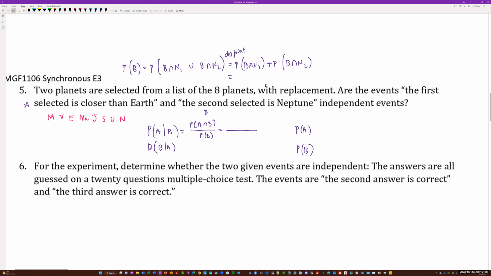All right. So first, I'm going to say the probability of Neptune on the first one times the probability that it's B, given the fact that you had Neptune on the first one. Then I'm going to say the probability that it's Neptune on the second one times the probability that it's, sorry, I meant to write this.